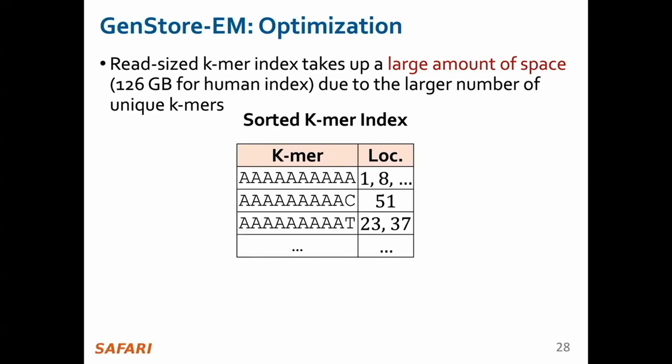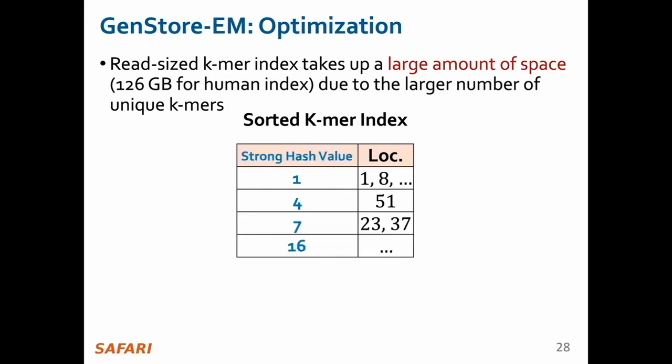So the size of this table increases because of the unique number of k-length subsequences, and we can't use common techniques like minimizers to reduce it. So we reduce the overhead of this table by replacing the read-size k-mers with a strong hash value of each read that can act as the sorting criterion instead of alphabetic sorting.